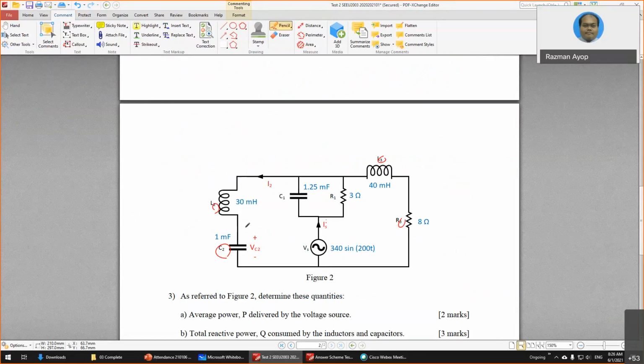So just use Ohm's law. So VC2 equals to I2 multiplied by ZC2. Make sure you use the Z value, not the C, the Henry. Not use the Farad. Use the impedance.